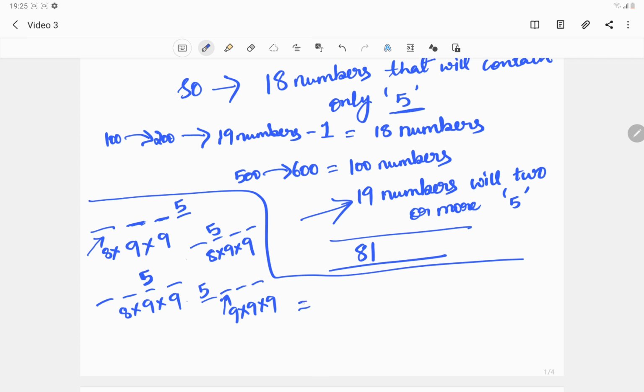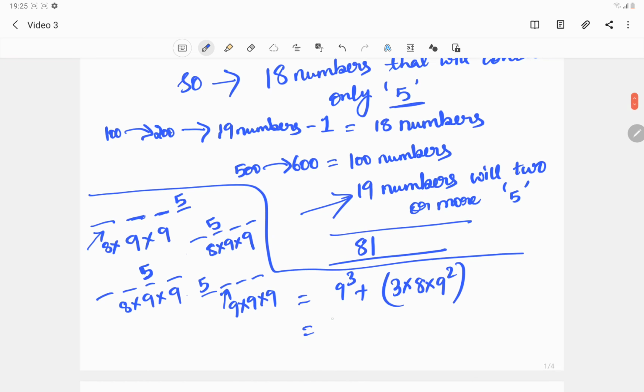So if we add all these things, 9 cube plus 3 into 8 into 9 square. So what is 9 cube? 9 cube is 729, plus this is 24 times 81.